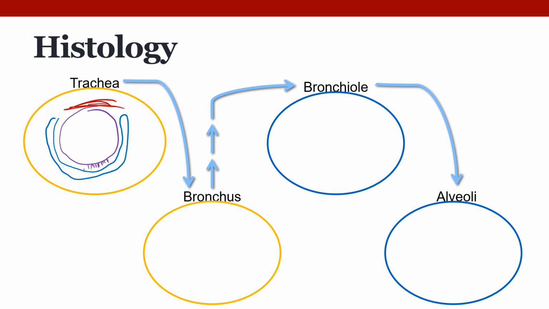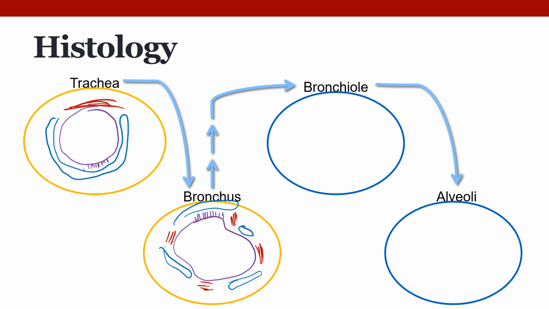The bronchus has simple columnar epithelia, cartilage plates in certain places, and smooth muscle bands in other places.